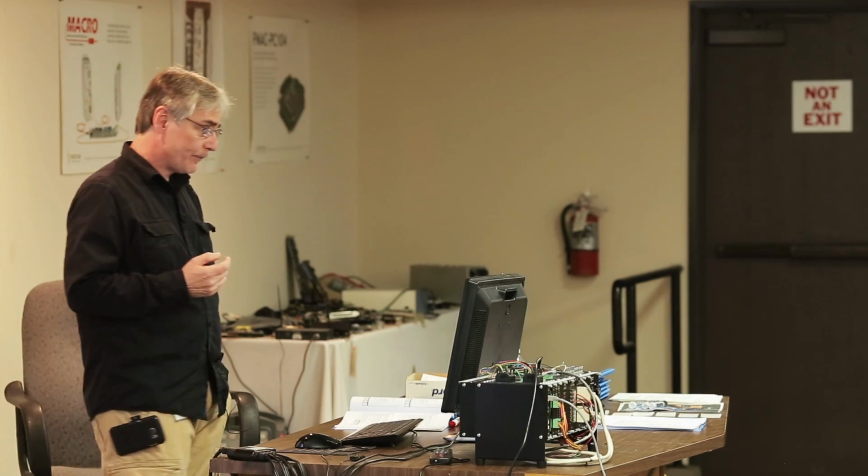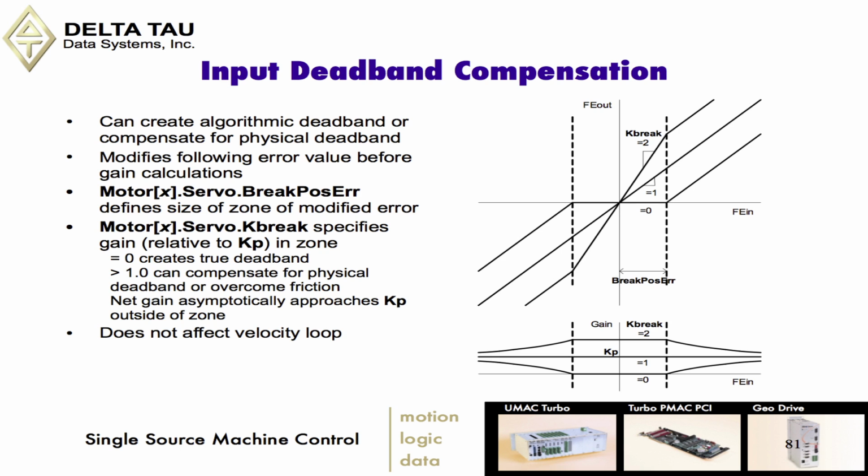Power PMAC also has input deadband compensation so that you can algorithmically create a deadband to compensate for an actual physical deadband in the system. So it modifies the following error value before the gain computations, and it can bring the gain down. If you want a true deadband, then setting Motor.Servo.Kbrake equal to 0 gives you a true deadband.